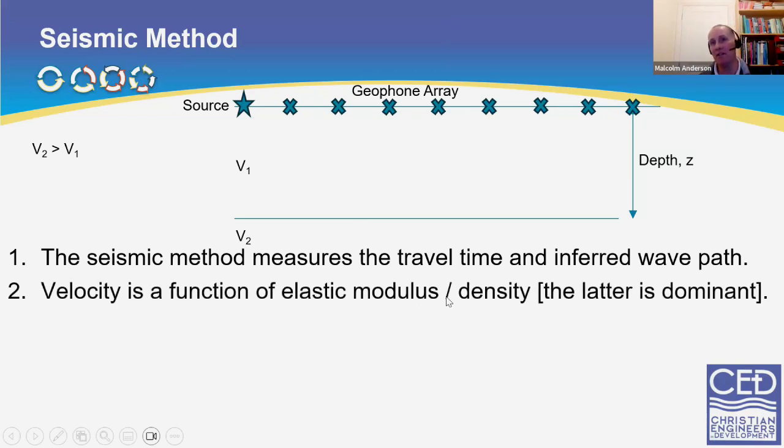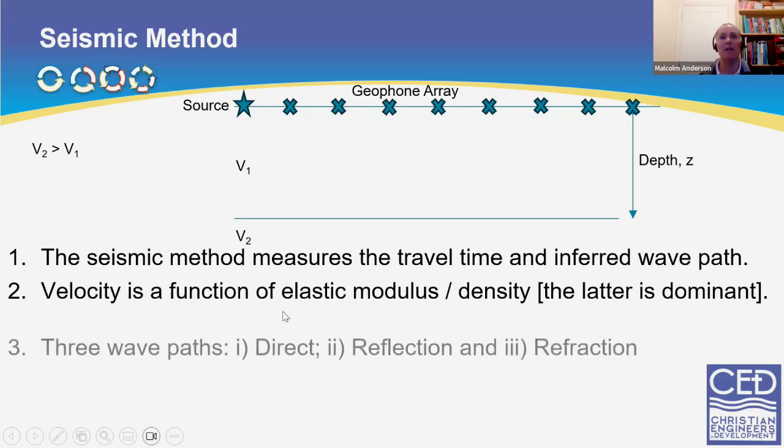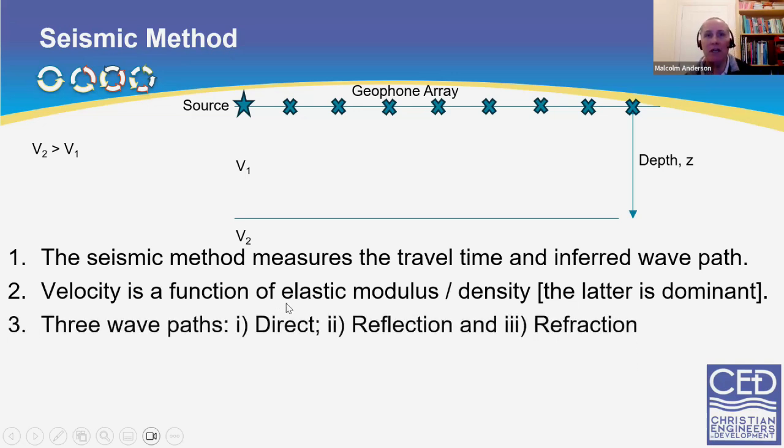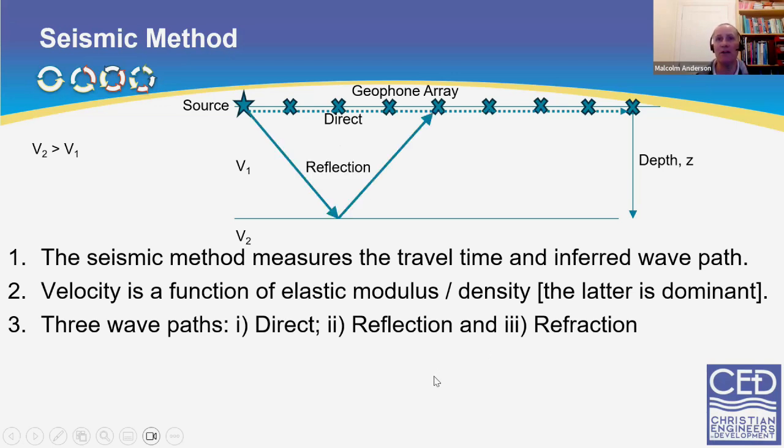The velocity is a function of the elastic modulus of the rock divided by the density, but the latter is the dominant parameter. And there are three wave paths from the source: the direct path, the reflection, and the refraction. So let's look at each of those. So first of all, the direct path, that obviously is along the surface to each of the geophones. Then you've got the reflection path, which follows the two blue arrows.